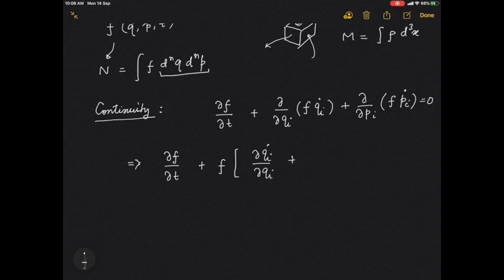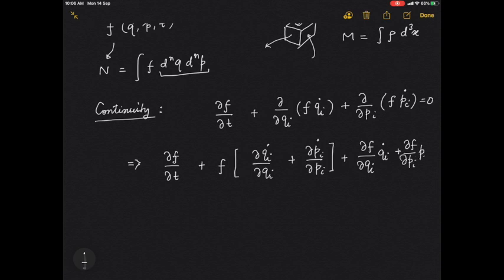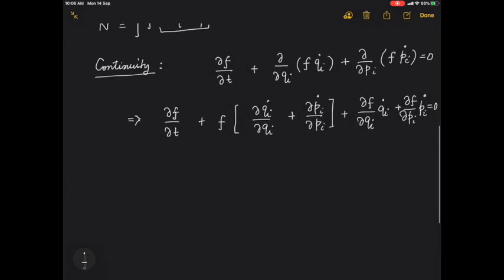So I get del qi dot del qi plus del pi dot del pi. And then I am left with the terms where I have del f del qi dot, and del f del pi dot, and that is equal to 0.